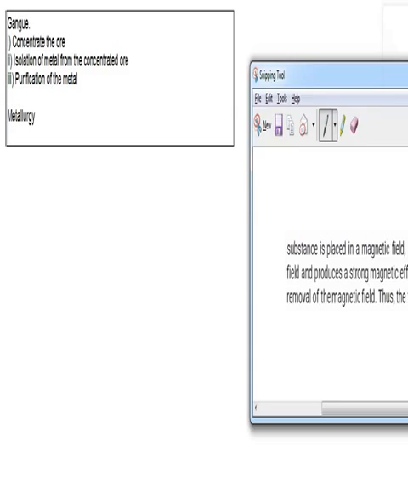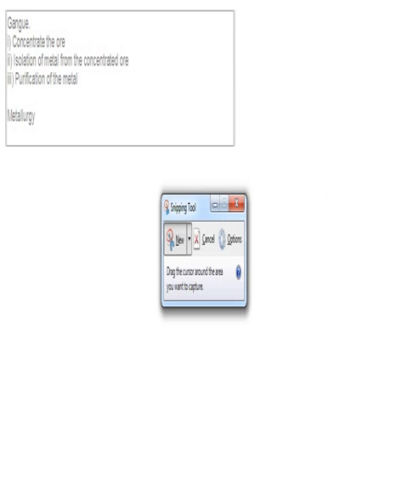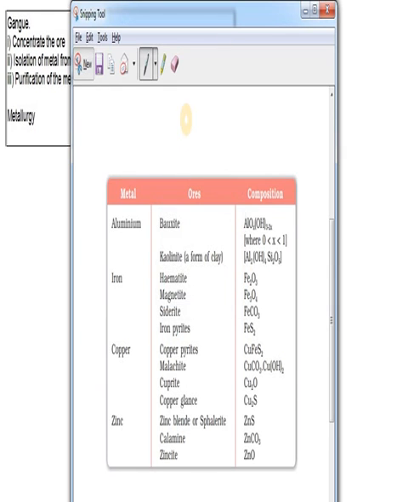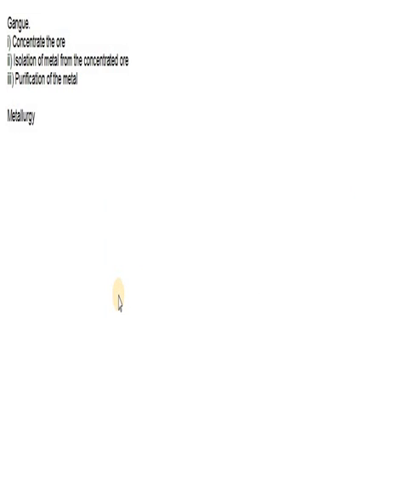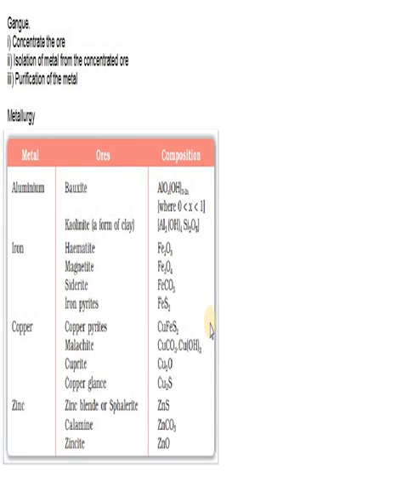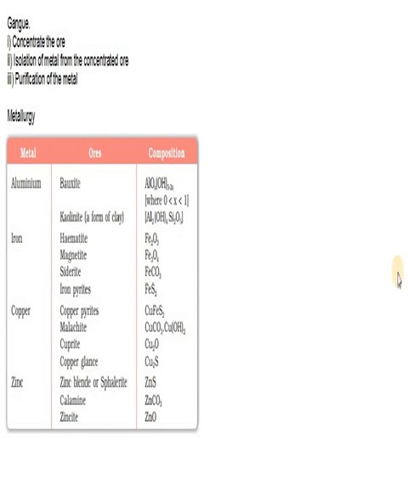Now you can see different types of ores of aluminium, iron, copper and zinc in the following table. Of course, this is from your NCERT book. The aluminium ore is bauxite. Then the iron ores are hematite, magnetite, siderite, iron pyrites.